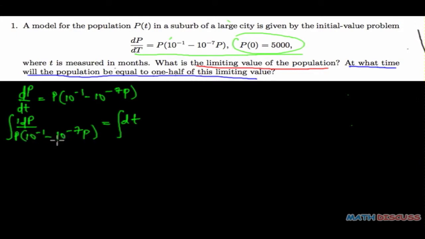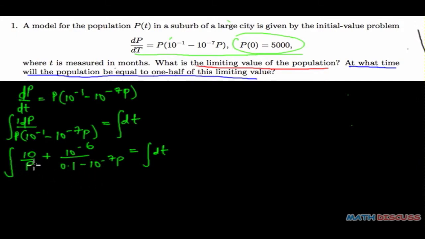There are two terms multiplying, so after resolving into partial fractions we get 10 over P plus 10 to the power negative 6 divided by (0.1 minus 10 to the power negative 7 P), dP, equals the integral of dt. This is what you get when you resolve into partial fractions.